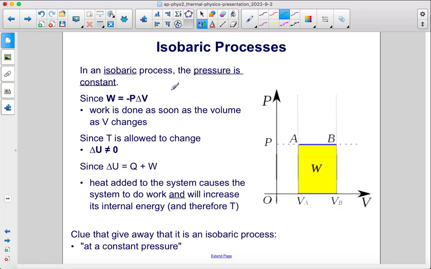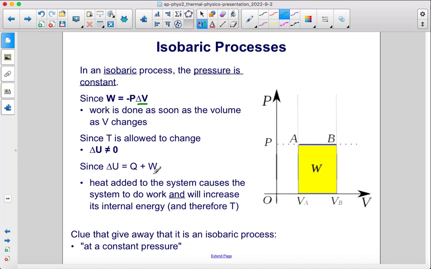In an isobaric process, the pressure is constant, giving us this horizontal line on a PV diagram. Since work equals negative P times delta V, work is done as soon as the volume changes, and the volume is changing at a constant pressure, therefore work is done. And temperature is allowed to change, therefore the internal energy is going to change as well.